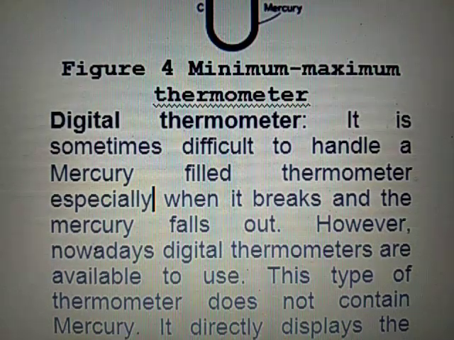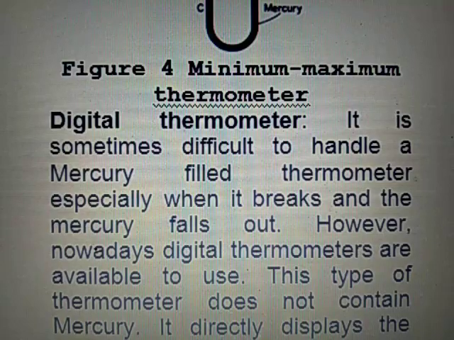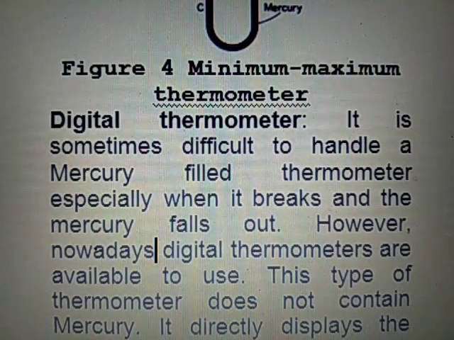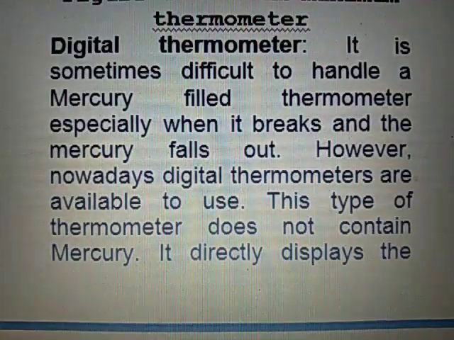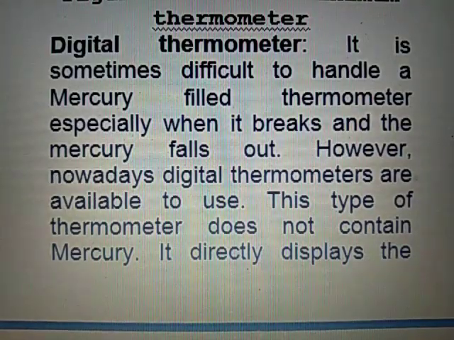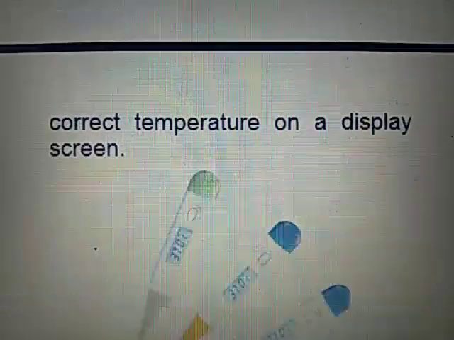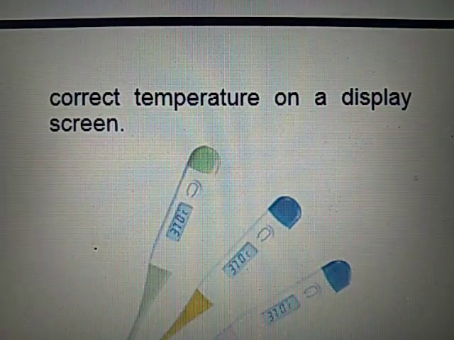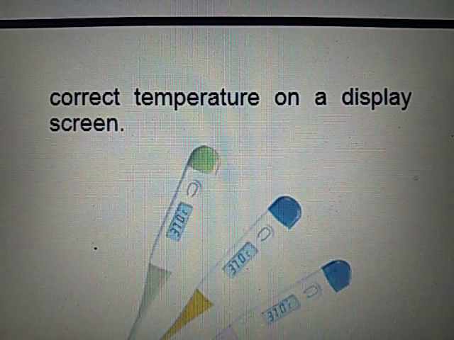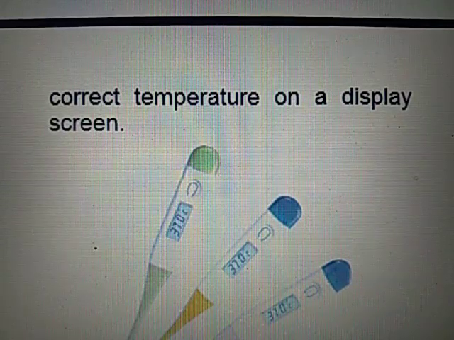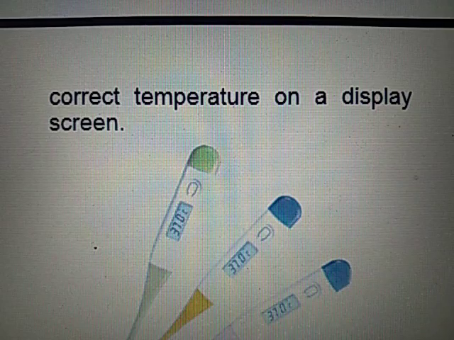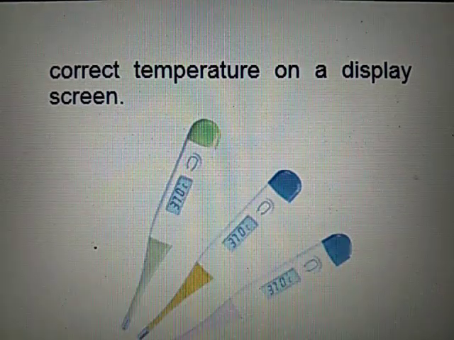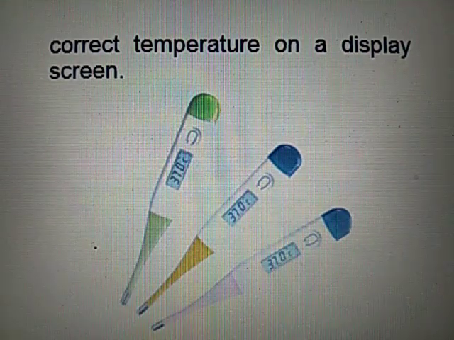It is difficult to handle a mercury-filled thermometer, especially when it breaks, because mercury is a poisonous substance. So nowadays digital thermometers are available to use. This type of thermometer, which you can see in the diagram, does not contain mercury. It directly displays the correct temperature on a display screen, as you can see in the diagram.